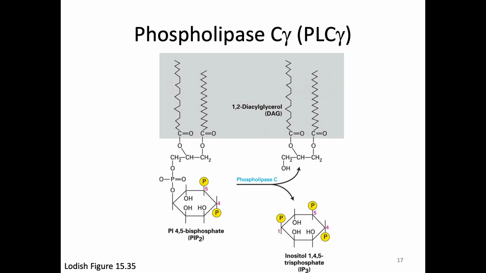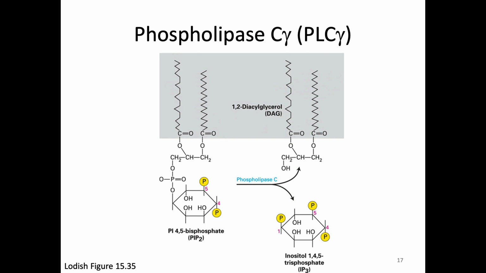When phospholipase C cleaves PIP2, one thing you should first notice about PIP2 is it has these two long tails, and those are usually close to the cell membrane. And it also has this head group. When PLC gamma cuts PIP2, it cuts it into two pieces. One of them is mostly the tails. It's called 1,2-diacylglycerol.